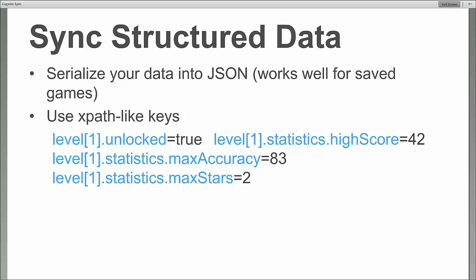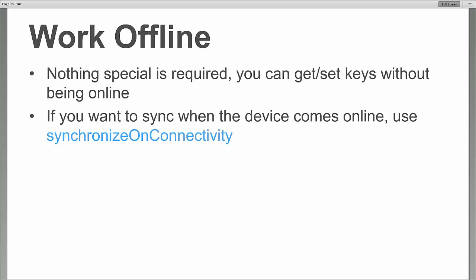Works well for complex things like save games. And a record inside a dataset can be up to 1 megabyte in size, and that's a lot of JSON. If you have hierarchical data and you want to access it that way, you can use XPath-like keys for your record keys.